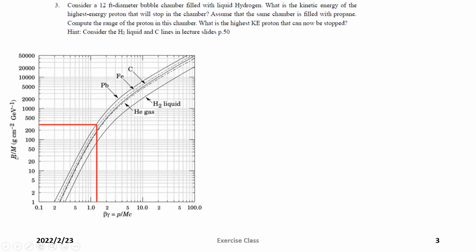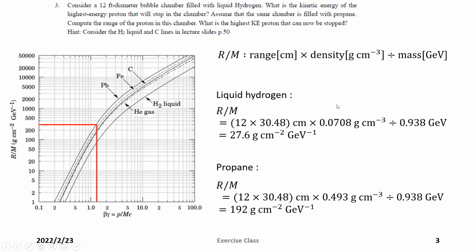And the y-axis is R over m, and R actually refers to the range of the particles which can travel in the materials, multiplied by the density of the materials and divided by the mass of the incoming particles. So we can consider two materials here. The first one is liquid hydrogen.